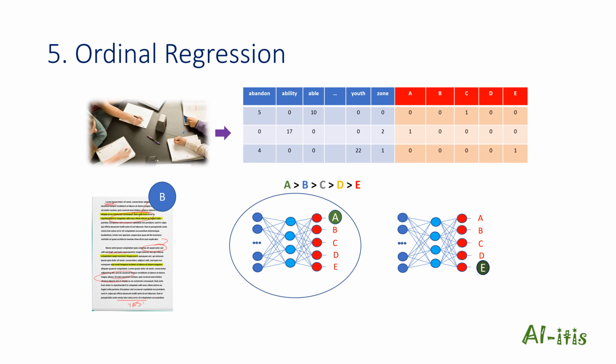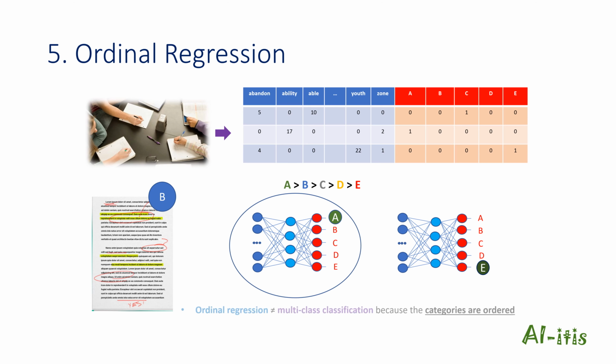So the goal is to train our neural network model in a way that it not only learns how to assign each instance to its category correctly, but also learns the existing order between the categories. By learning the existing order between the categories, the neural network model will give us at least a close prediction to the real one, in a case that it cannot predict the correct label.